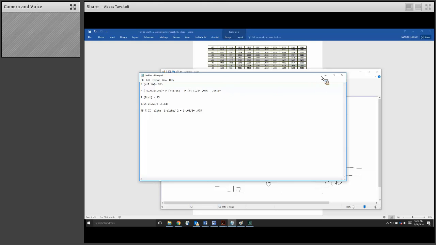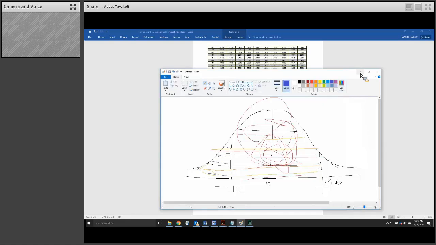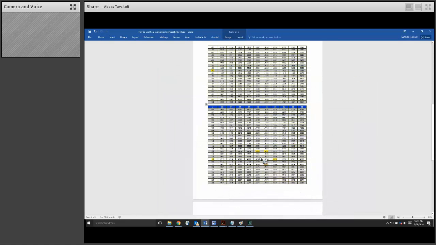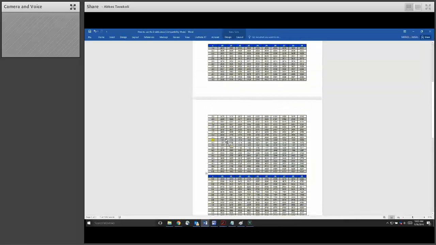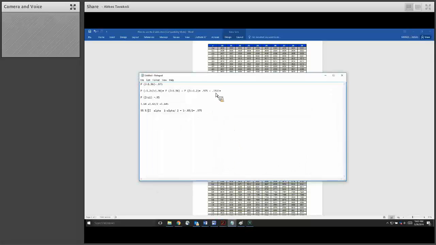I find those two areas, and the difference would be the area between those two values. For negative 1.2, the table value is 0.1151, which I wrote here.